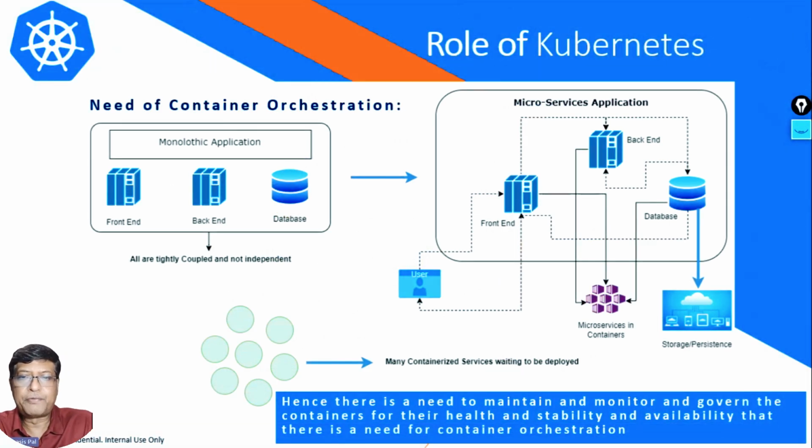So the role of Kubernetes is basically to understand that we moved away from monolithic applications quite long back, almost 10 years back, and we are now into microservice applications. Monolithic applications are very tightly coupled: the front end is coupled with the back end, which is coupled to the database.